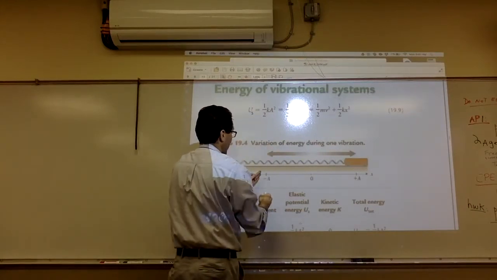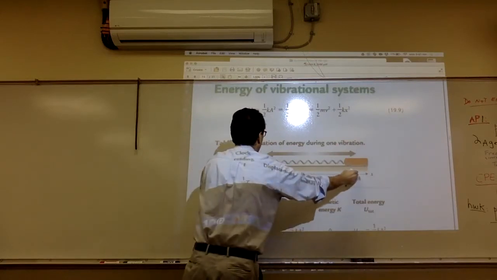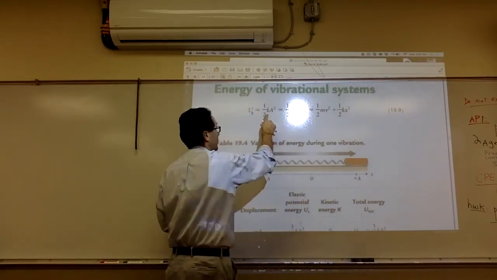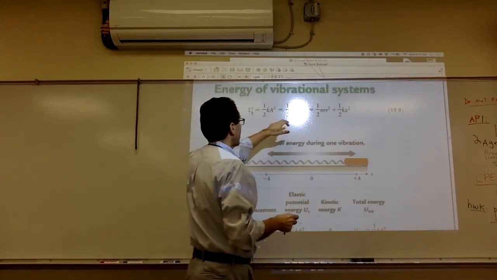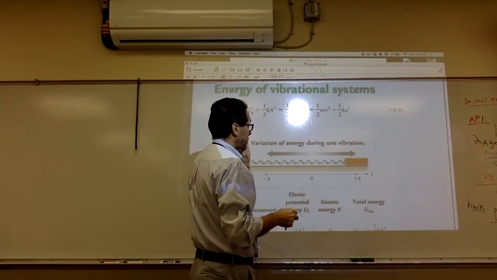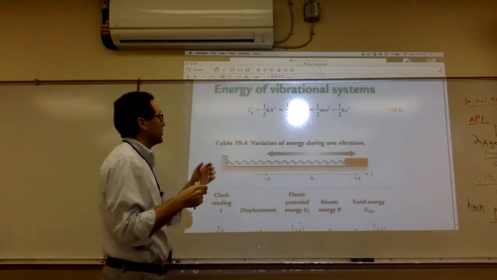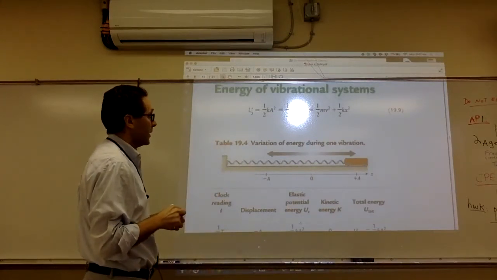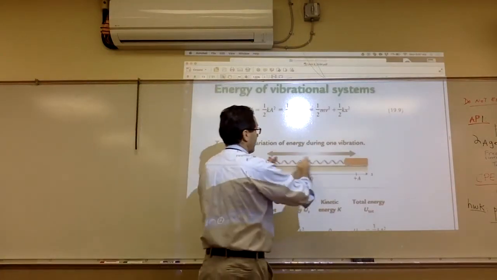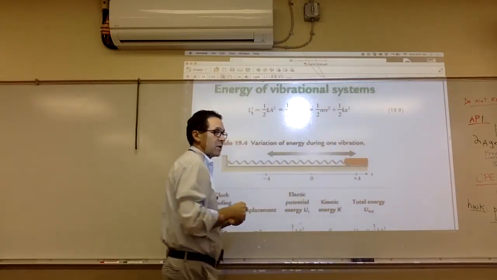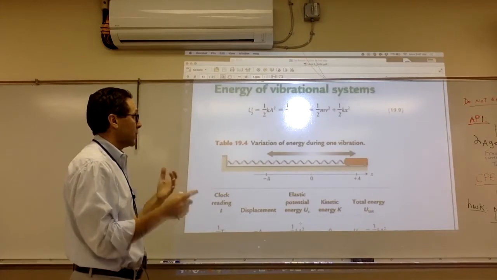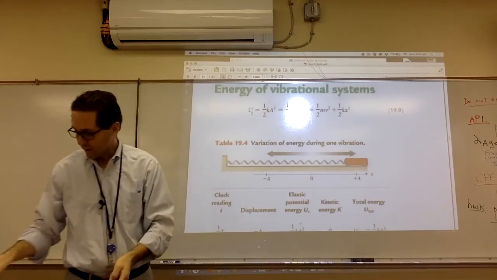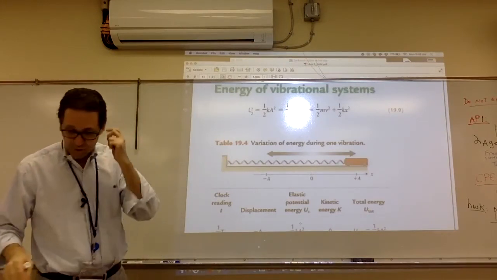When you're all the way at the end, either at A or negative A, all your energy is in the form of elastic potential energy. When you are in the middle, there is no more stretch or compression, so all your energy is kinetic. But anywhere in between, you have both types of energy because you're moving and at the same time, you're either stretched or compressed. So let's look at the different parts of this trip here.